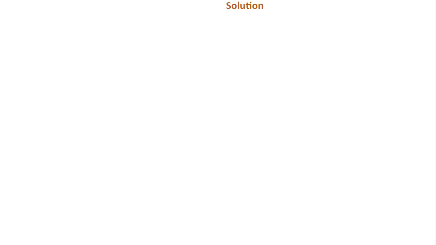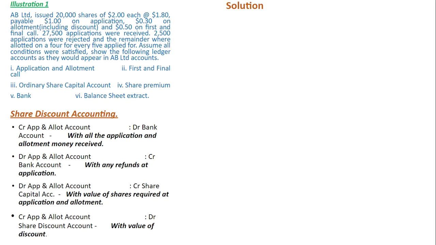So for the solution, like we did before in the previous lessons, I have juxtaposed our question together with the necessary accounting entries that we need to solve this illustration so that we will be able to tell where our solution figures are coming from. So before we show the solution, we might need to take a deeper look at our question so that we get to understand it better.